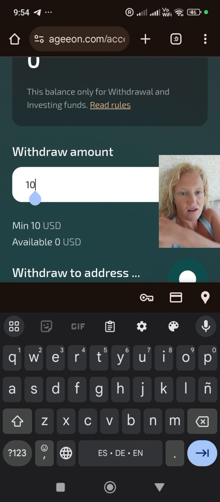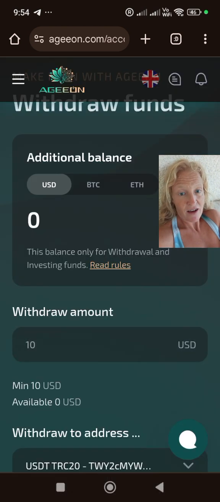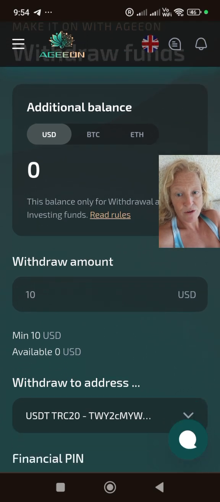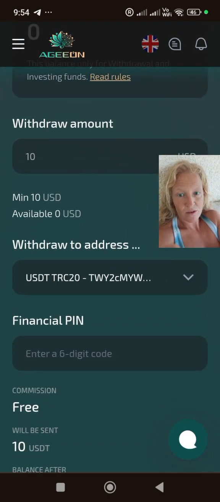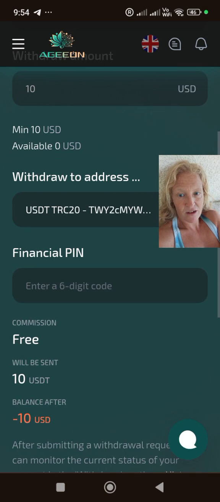This is a $10 minimum withdrawal. In the Ethereum it's $30 or $40. As I didn't have this in the beginning, I am showing this also. So you would withdraw to this, and the financial pin, always, when you register, write it down.